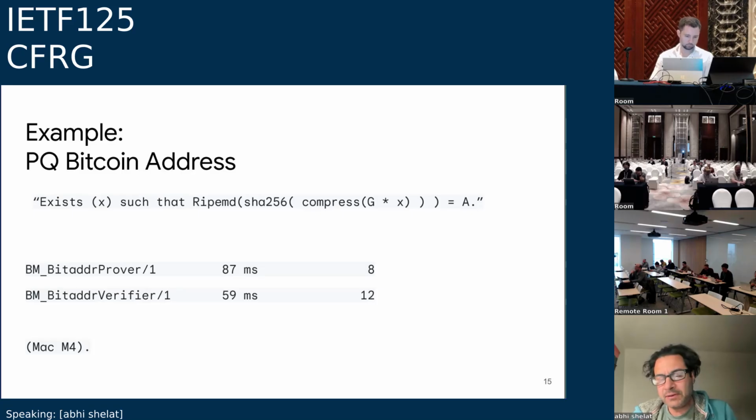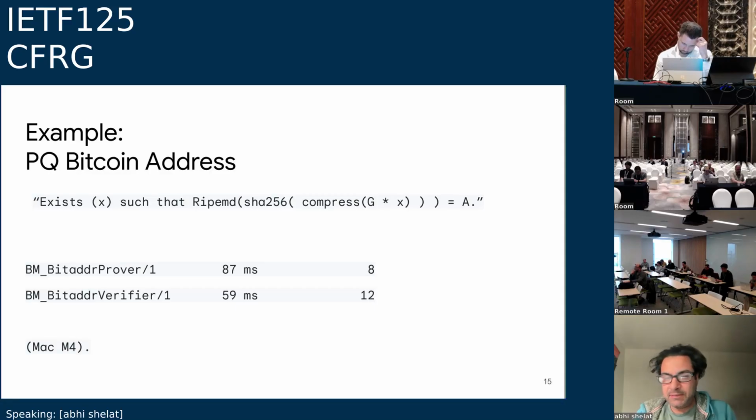We also have another example now in our repo. Essentially, it's a post-quantum Bitcoin application. Notice that Bitcoin, when they publish the address of a particular account, they actually apply a hash function to the elliptic curve point, 2 hash functions, in fact.